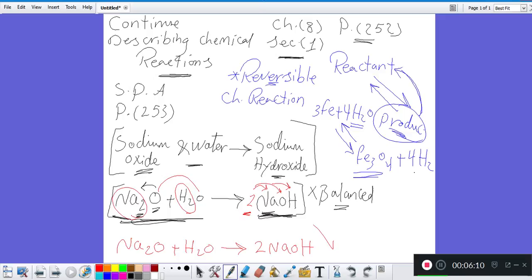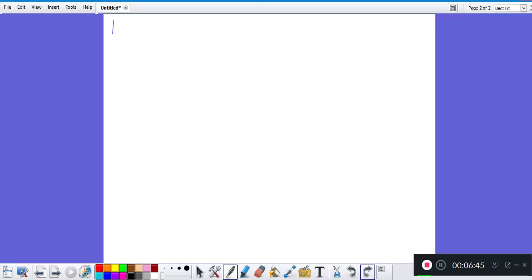We can notice that the 4 hydrogen molecules are going to react again with the oxygen atoms here, producing the 4 molecules of water and leaving exactly the iron atoms alone. The 3 iron atoms will be alone. So that is an example of a reversible reaction. Why is it an example? Because the product is going to reform the original reactant once again. That's it. So we can say that the hydrogen molecules with oxygen atoms are going to give you the water molecules and leave the iron alone.